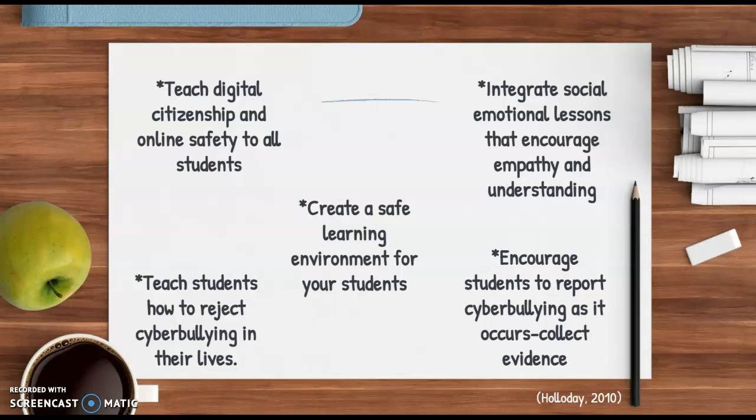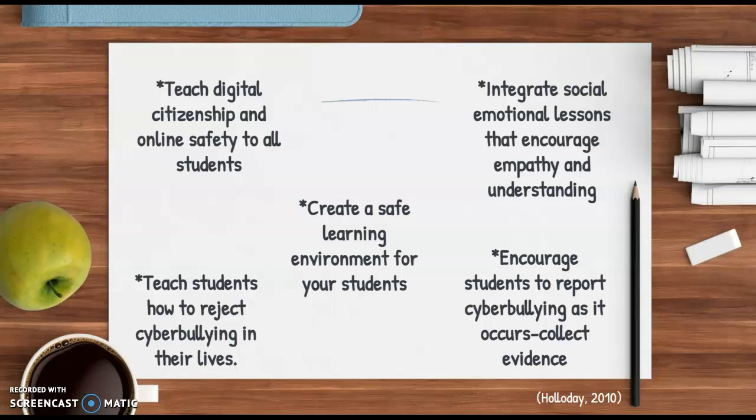Integrate social emotional lessons that encourage empathy and understanding. Students are less likely to bully if they are taught at a younger age those social emotional concepts of empathy and compassion and understanding what the effects are of their actions on others. Also encourage students to report cyberbullying as it occurs and collect that evidence.